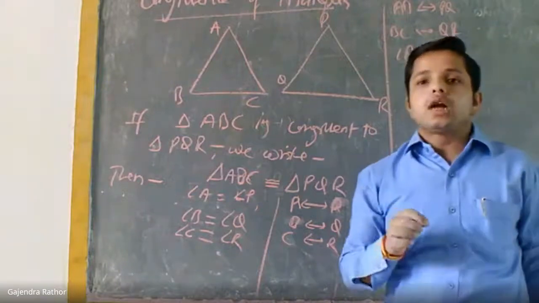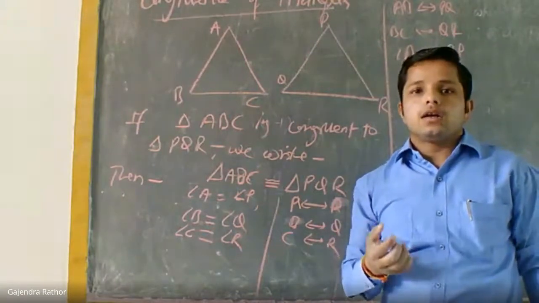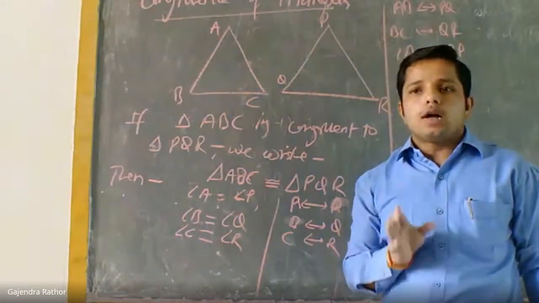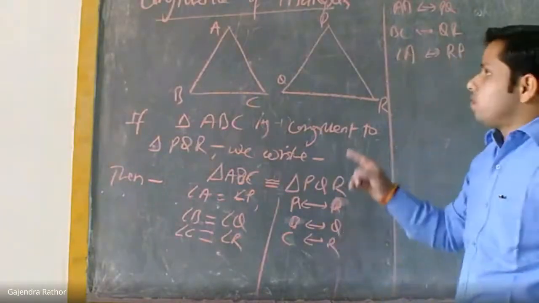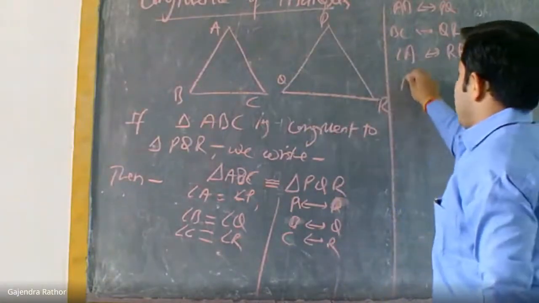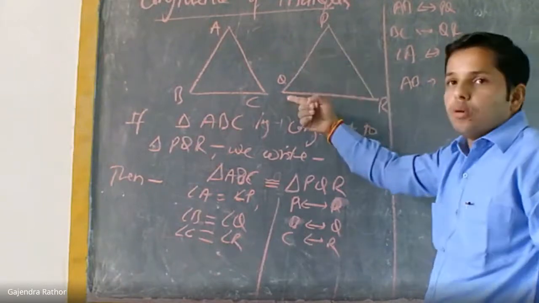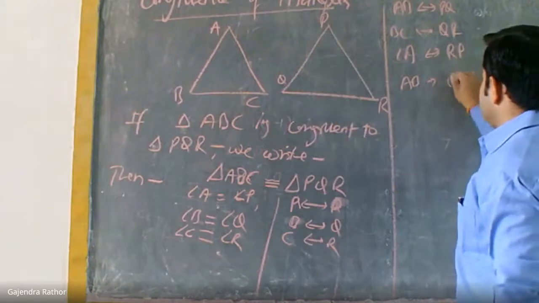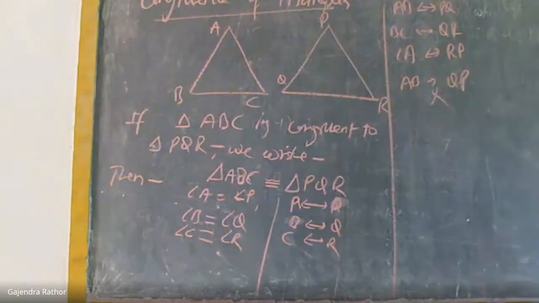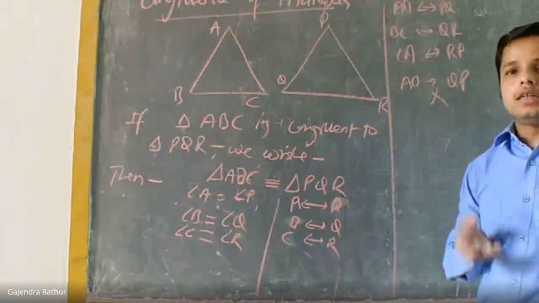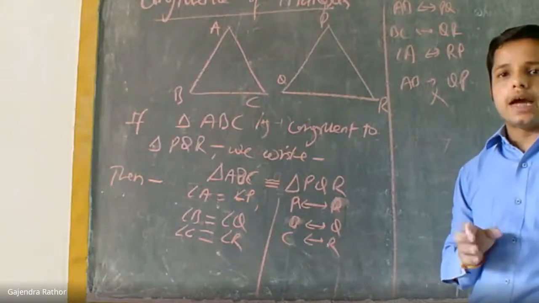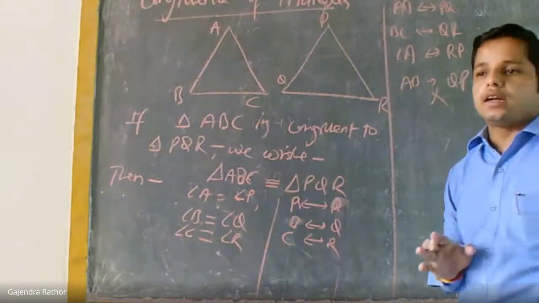One point we should remember when writing the sides is that the order must be the same. For example, if I have AB and the corresponding side is PQ, but if I write QP, this is wrong. The order of the points of the side should be correct.